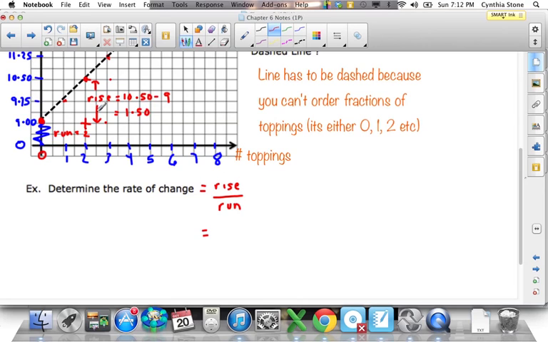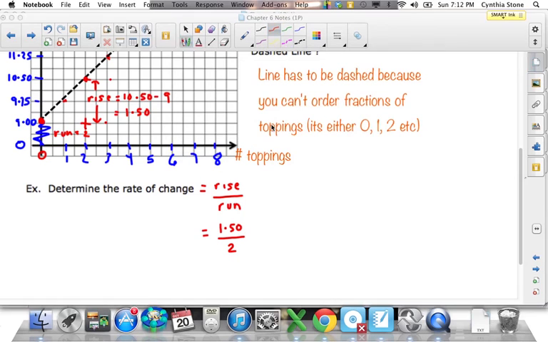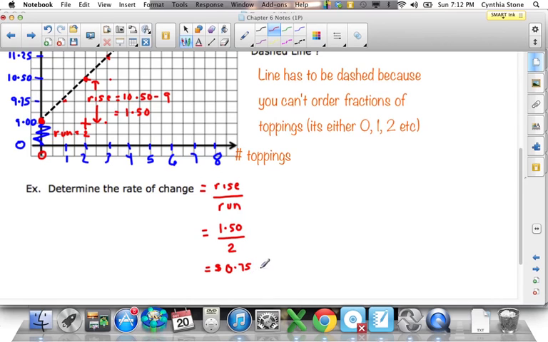Because it starts at 9, goes all the way up to 10.50 in that time frame. So that's 1.50. That was really dumb. And my run is 2. And that works out to 0.75, which we knew, $0.75 per topping.